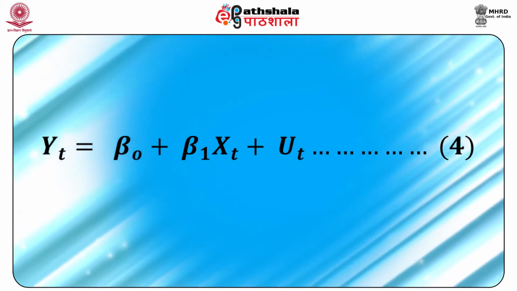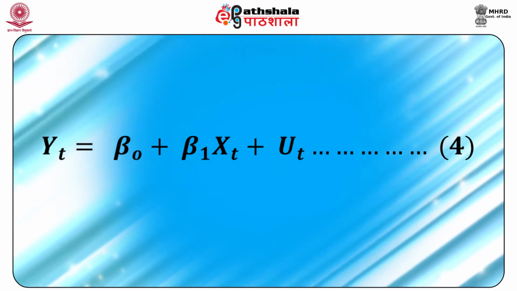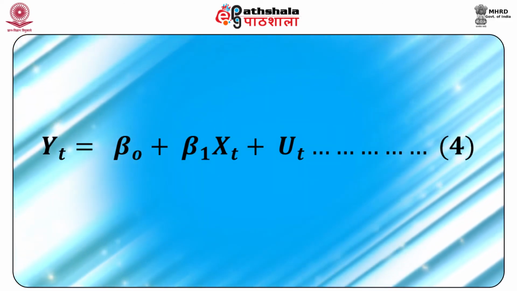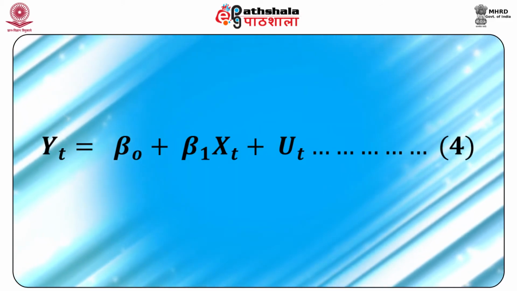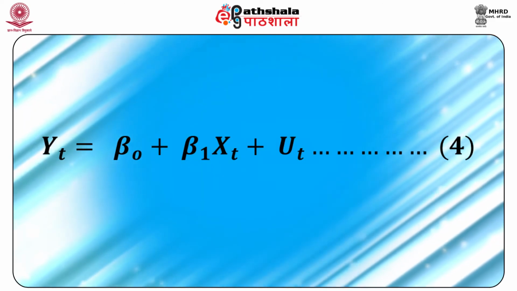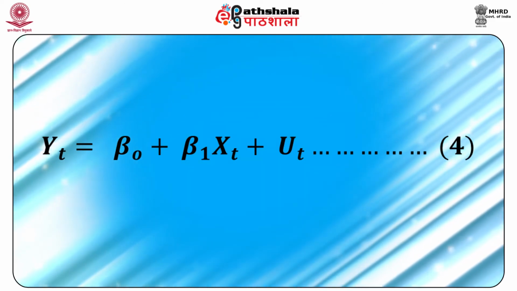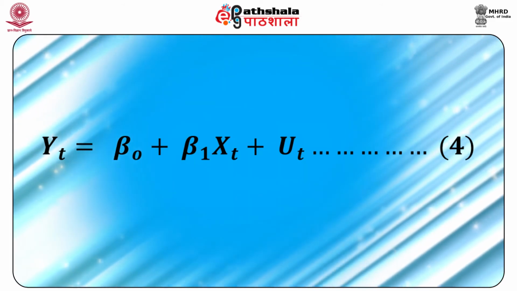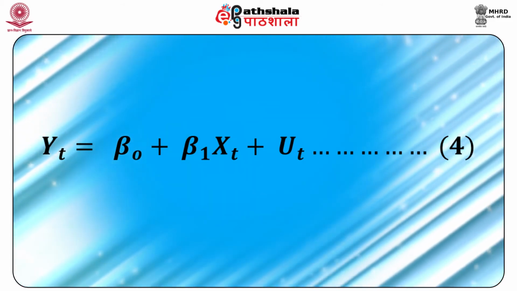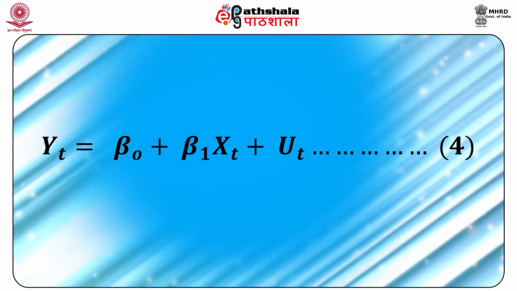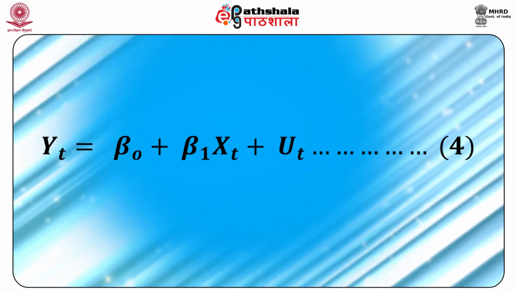The first component is the systematic or deterministic component, which is represented by expected value of y given xt, which is nothing but the average expenditure on consumption of all the families with the same income level. The second component is the random component or non-systematic component, which is represented by the stochastic disturbance term mu t.